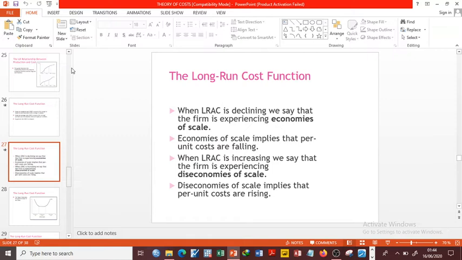They are U-shaped because of the concept of returns to scale, and we've seen what is involved in what returns to scale comprises. And we've said that for returns to scale, we look at increasing returns to scale, constant returns to scale, and decreasing returns to scale, right?